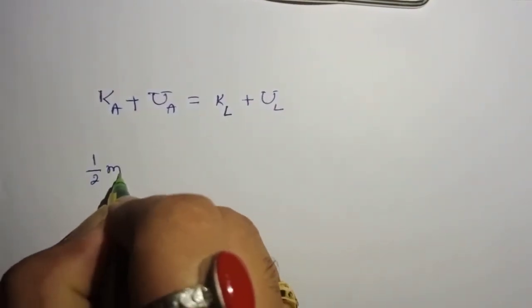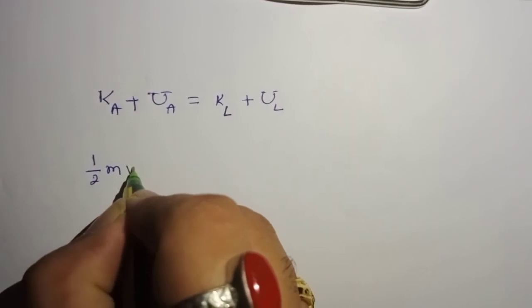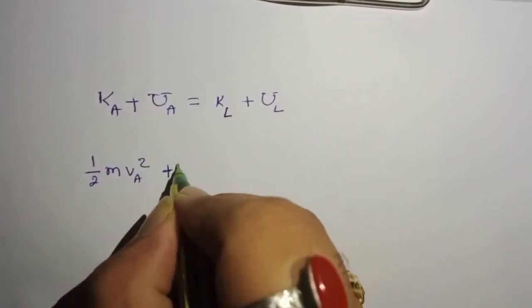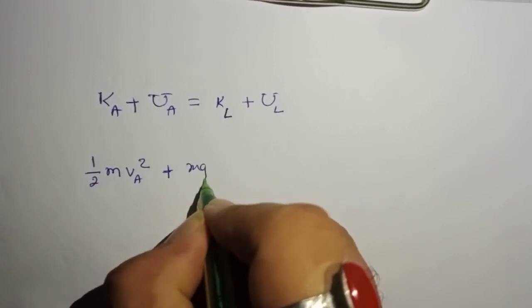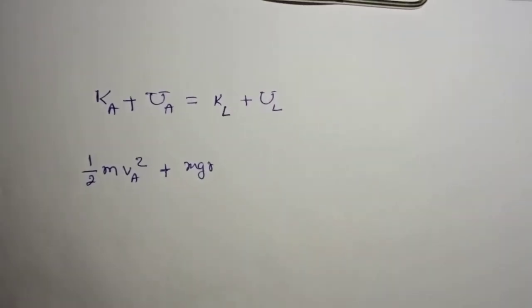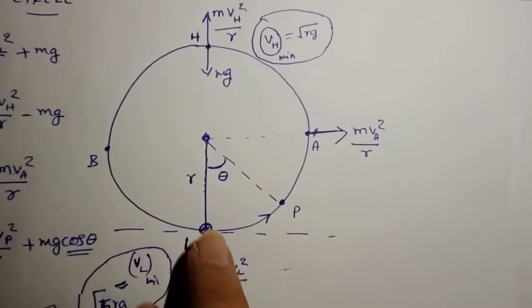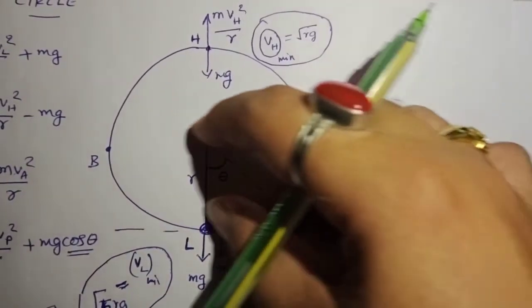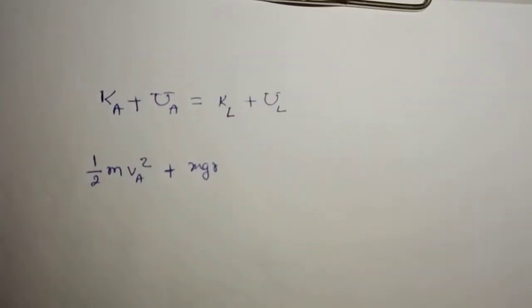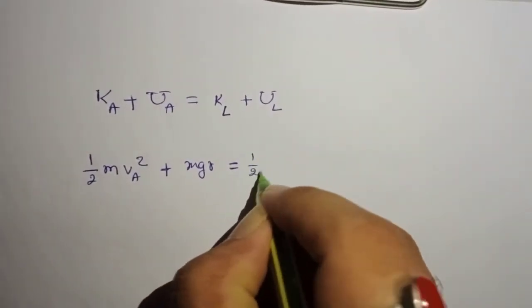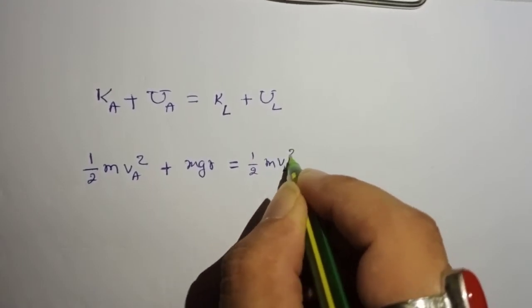Half m into vA square plus potential energy at point A is mg into R, because you can observe here, with respect to this point L, A is at a height of R. So mgR is equal to, kinetic energy at the lowest point is half m into vL square.